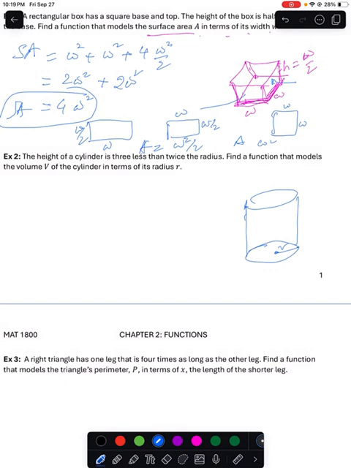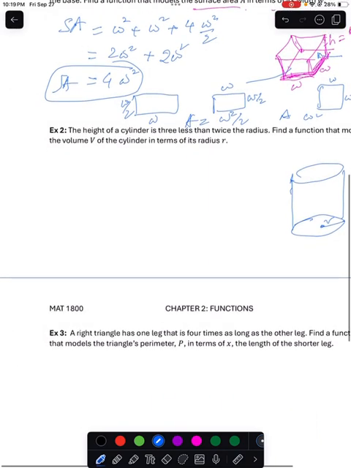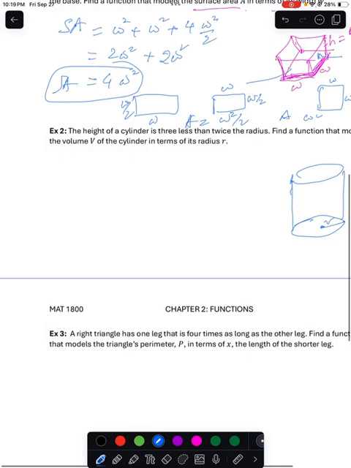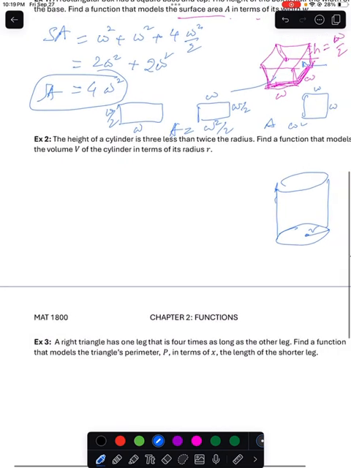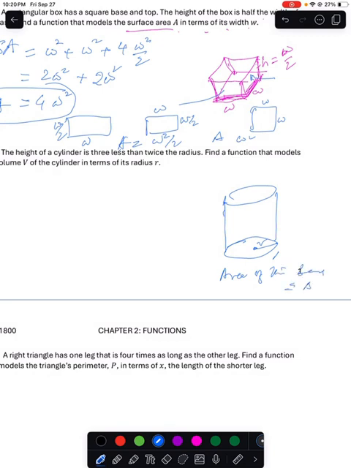So the area of the base, and the top, is equal to pi r square. These are formulas that you have to remember: the area of a circle is pi r square.